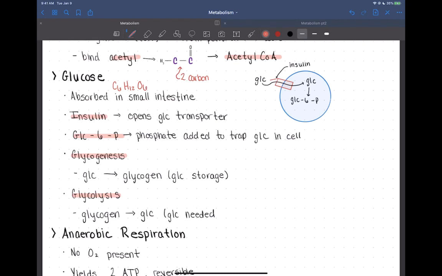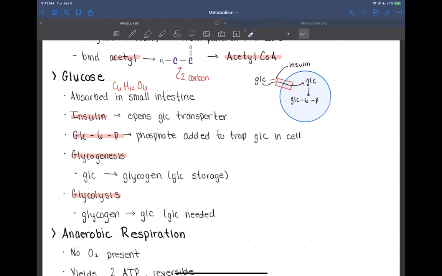It's absorbed in the small intestine, and when it's absorbed, insulin is actually going to function in that absorption, right? It allows glucose to enter the glucose transporter and go into a body cell. What insulin does, essentially, is like the key that unlocks this little door on our glucose transporter, and then glucose can get into the cell.